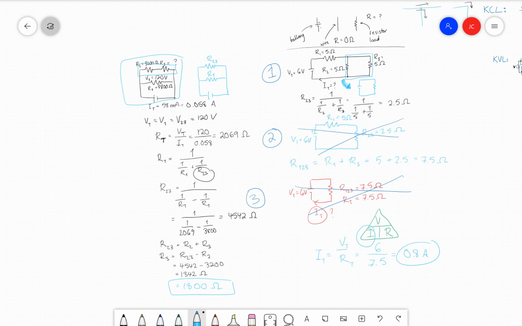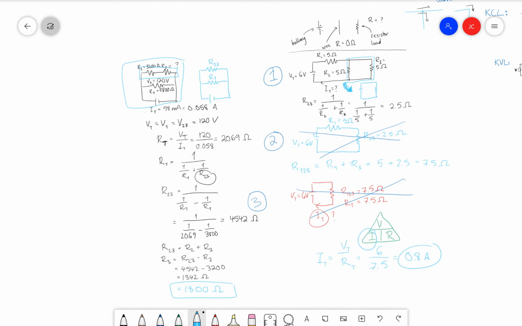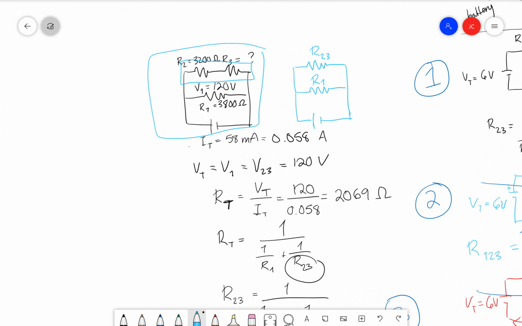So this question was arguably more complicated than the last one. There were more steps of calculation and it was a little more complicated to reason about. But the process we used was exactly the same. We search for things that are complicated, and when we have them, we reduce. We use equivalent resistance. We started by saying, oh, this thing is really complicated.